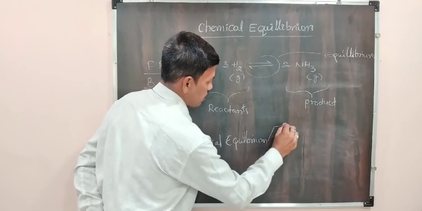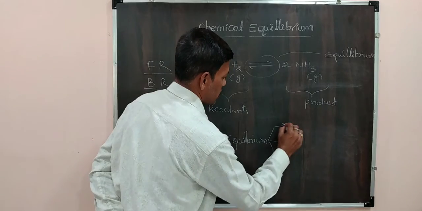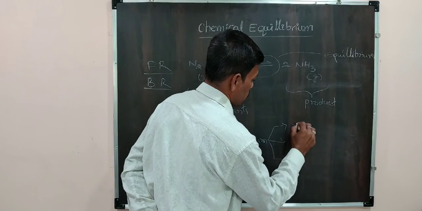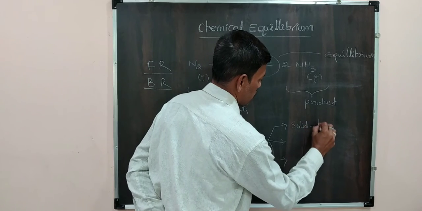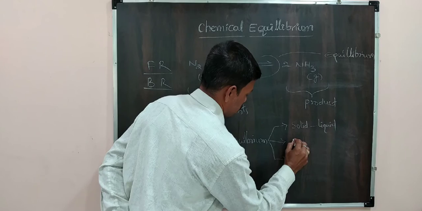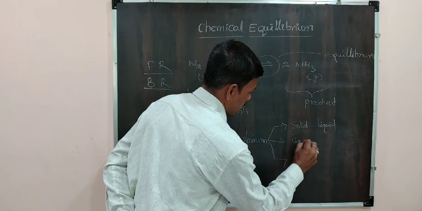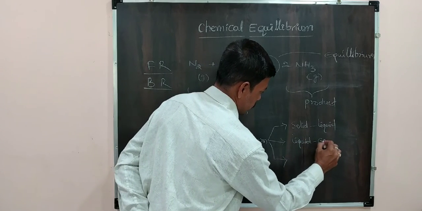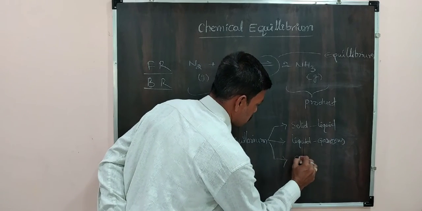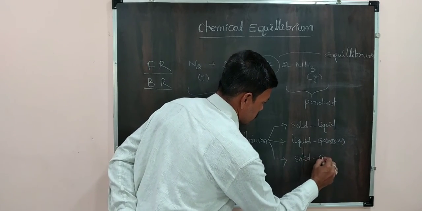In physical equilibrium, we have three types here. What is that? First, solid to liquid, then liquid to gaseous, then solid to gaseous.